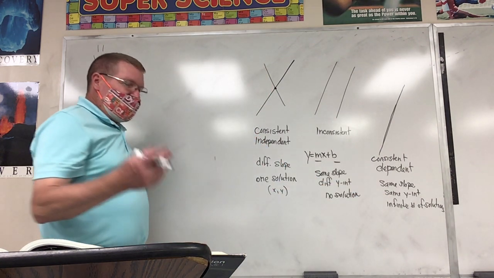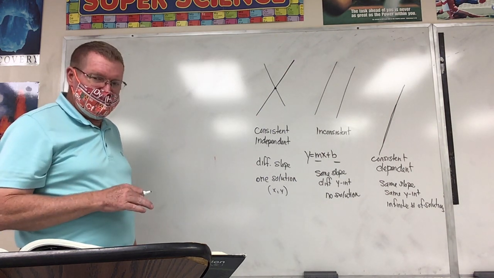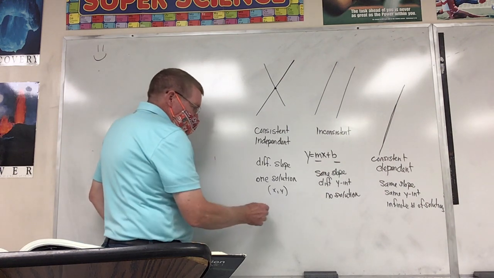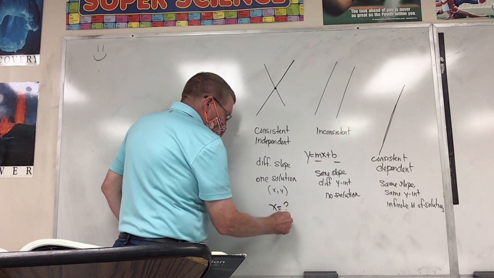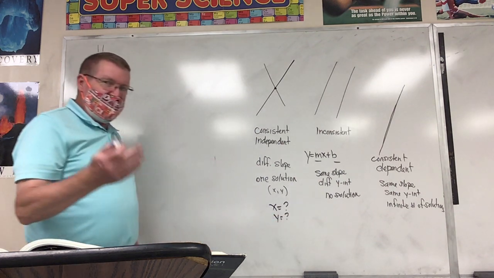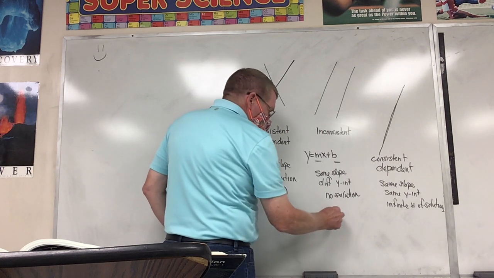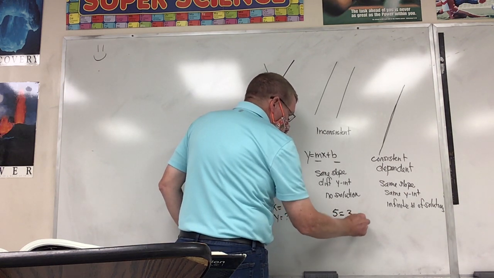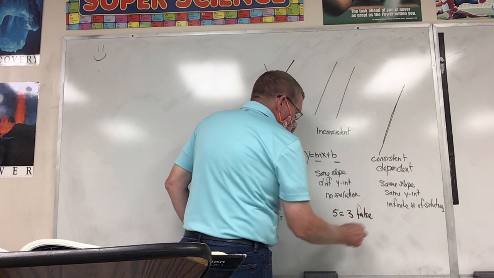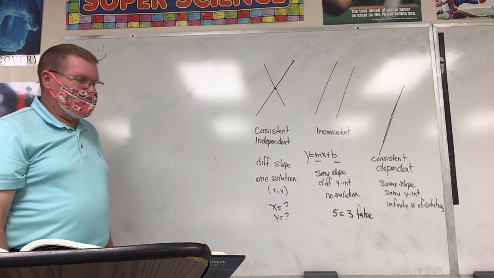Now, if I'm solving a system of equations, which we're going to look at in a little bit, and I get one solution, I would get x equals something and y equals something. That's my x and y point. If I'm solving for an inconsistent system, I would get a statement like 5 equals 3, which is false, so therefore it would be no solution.